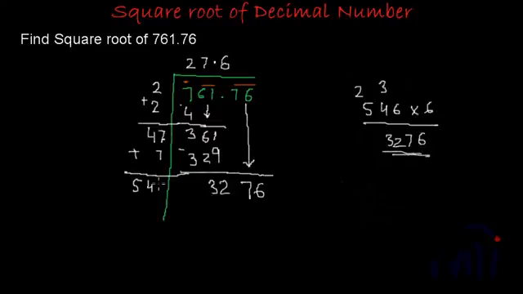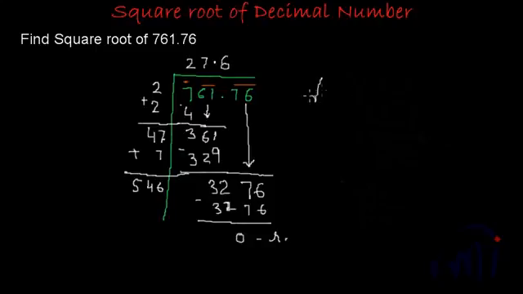So if we put 6 at the units place, we will get 3276. 546 multiplied by 6 is 3276. And if I subtract it, I'll get 0 as remainder. That means the square root of 761.76 is 27.6. Right? So this is the result.